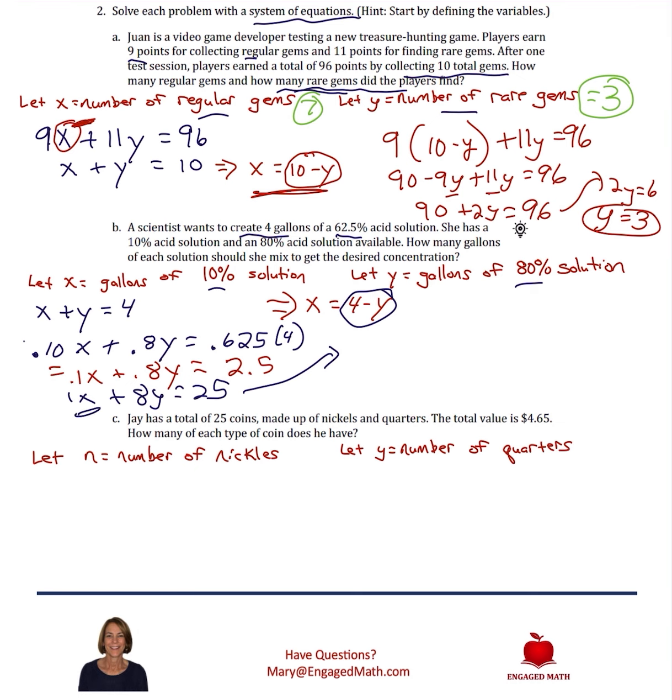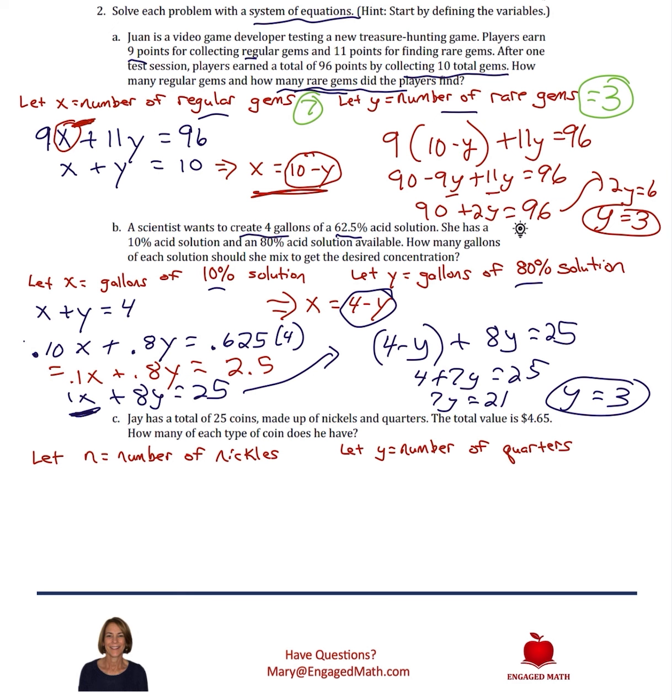Instead of writing x, I'll write 4 minus y, maybe in parentheses, so you see that's going in for the 1x plus 8y equals 25. Now I'm going to combine my like terms, which gives me 4 plus 7y equals 25. And we get 7y equals 21. And we know then y equals 3.